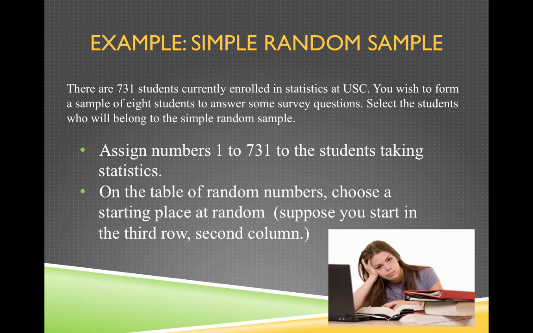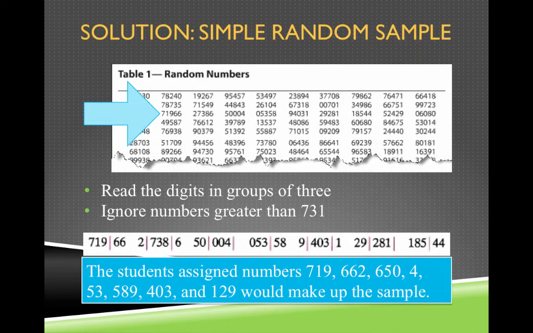On the table, we're going to choose a starting place at random. For example, let's suppose we want to start in the third row, second column. My big blue arrow here says we're starting third row, second column. I'm going to grab my pen. We're going to read the digits in groups of 3, ignoring numbers greater than 731.